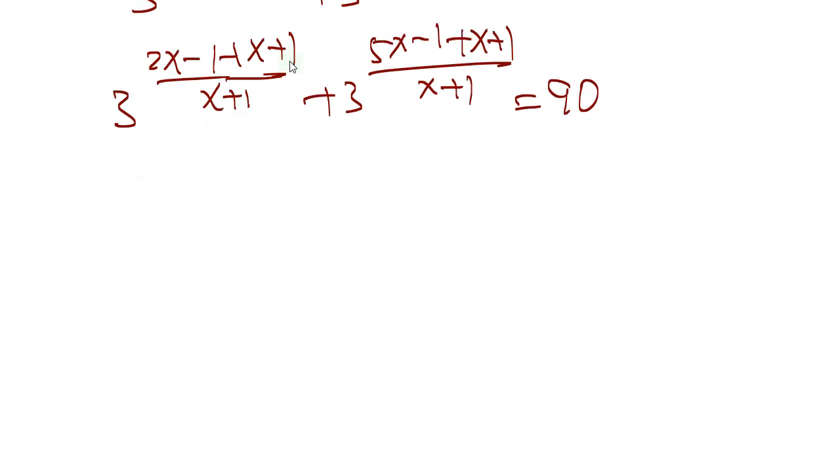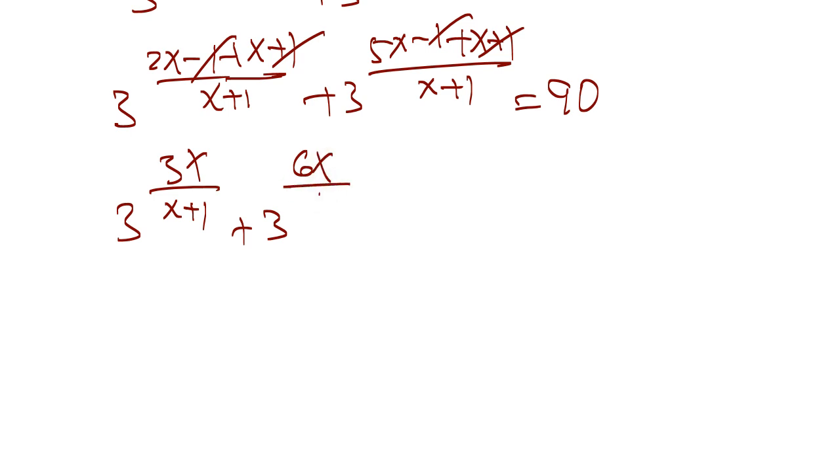Okay, so from here this one will go with this one, 3 to the 3x over x plus 1, and then plus 3 to the 6x divided by x plus 1, and I'm going to say minus 90. This is equal to 0.